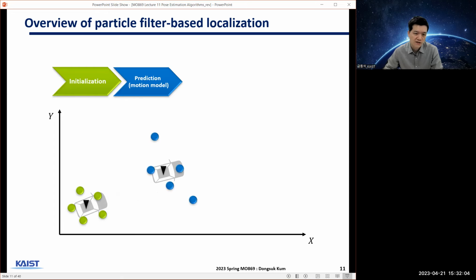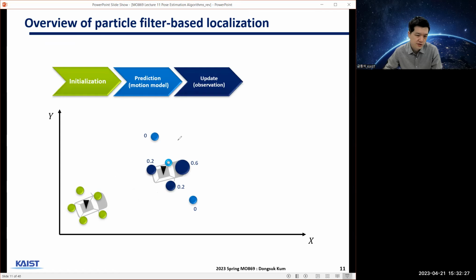But then we have measurements, and by using the measurements, we can correct, we can update, meaning that we can put more weights on particles that are close to the measurements.